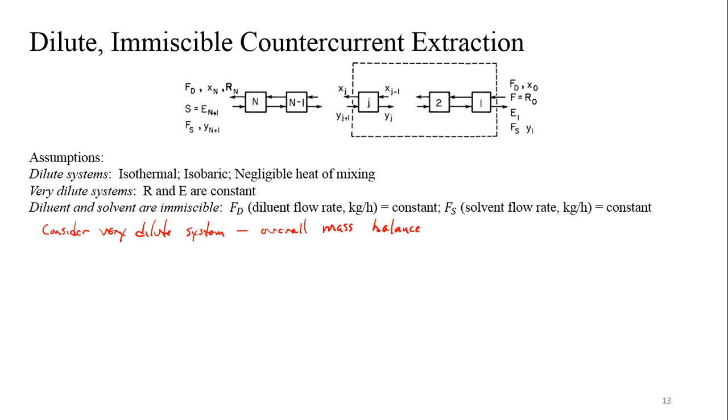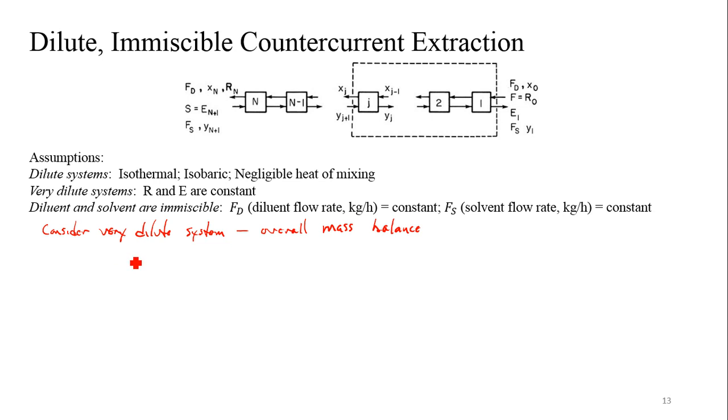The simplest thing to do is to take the control volume shown in the dashed region of our extractor up here. For this overall mass balance, we've got extract and raffinate streams going countercurrent to each other through the system. If I look at what's going in versus what's going out, we know that they have to be equal to each other under steady state.